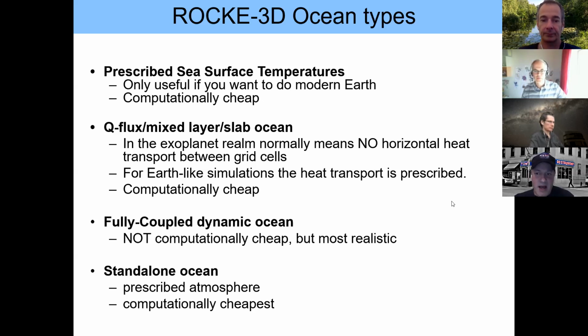And finally, at the opposite of the standalone atmosphere, we also have the option of running a standalone ocean. If you provide the ocean component of ROCKE-3D with files containing things like temperature at the surface, salinity, and the wind speed that the ocean sees at its surface, then you can run in standalone mode.